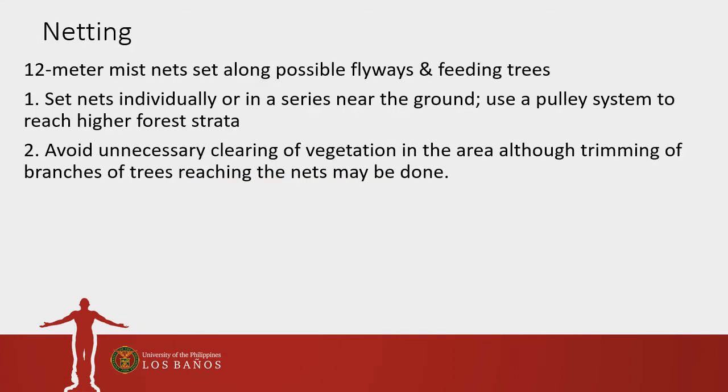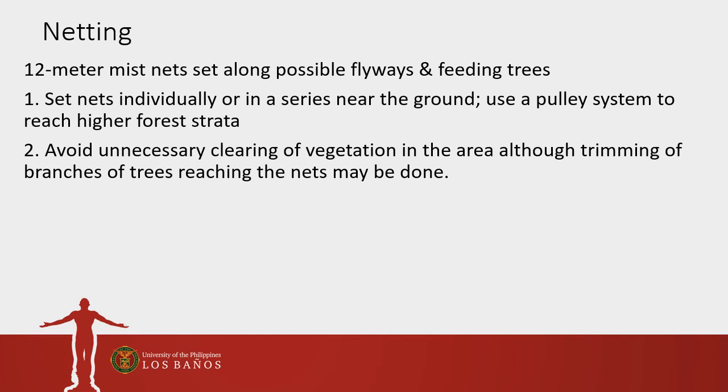Netting is used to supplement the line transect method. 12-meter mist nets are set along possible flyways and near feeding trees. Nets are set individually or in a series near the ground, or a pulley system is used to reach the higher forest strata.